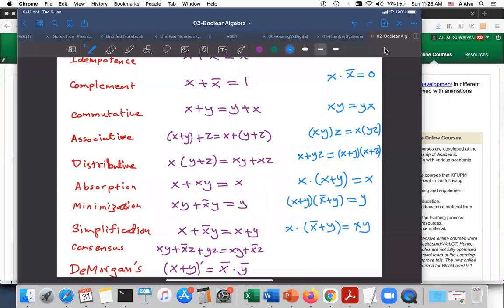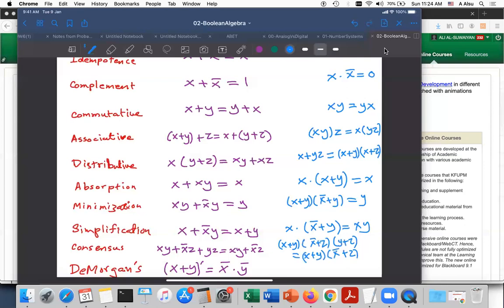The dual of the consensus is going to be x OR y, ANDed with x complement OR z, ANDed with y OR z, is equal to x OR y ANDed with x complement OR z.